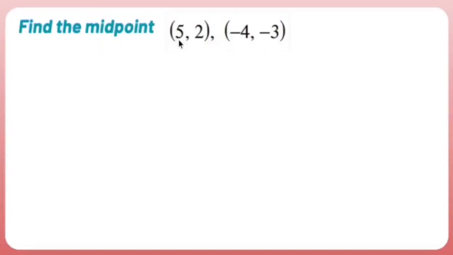Find the midpoint, no graph, and instead I have 2 points, (5, 2) and (negative 4, negative 3). The midpoint formula says let's take one of these points, doesn't matter which one's which, and call it x1, y1. Let's call the other point x sub 2, y sub 2. The midpoint formula is this.